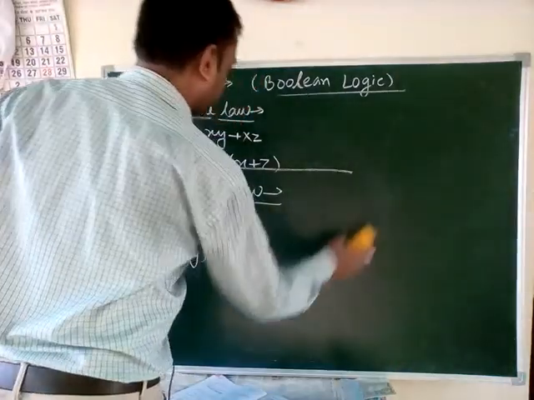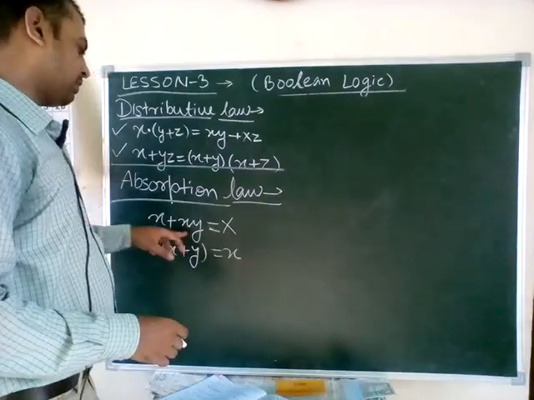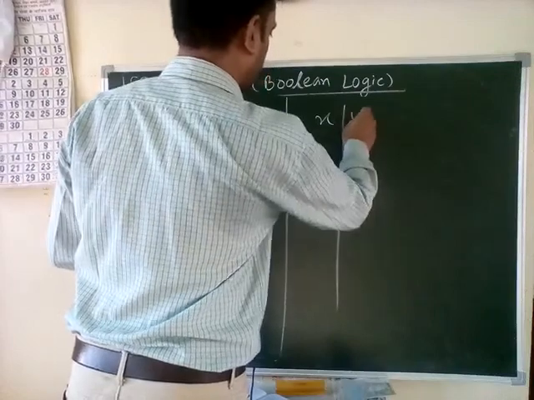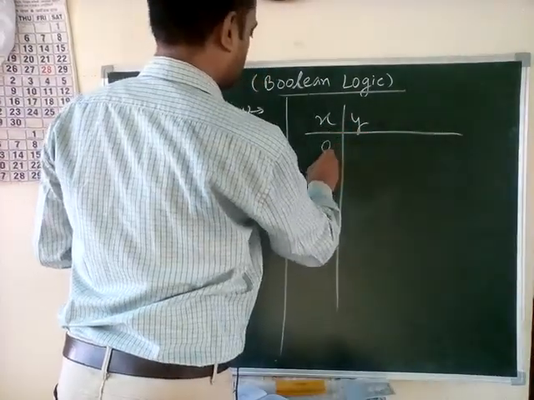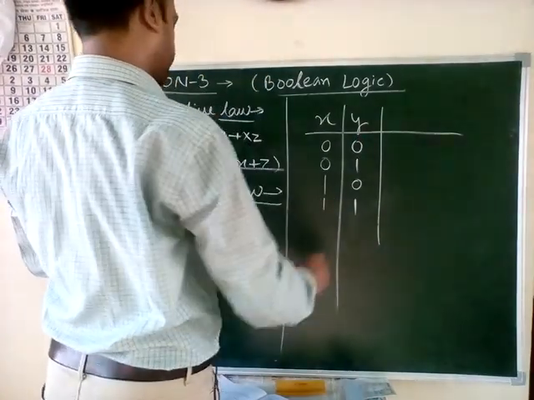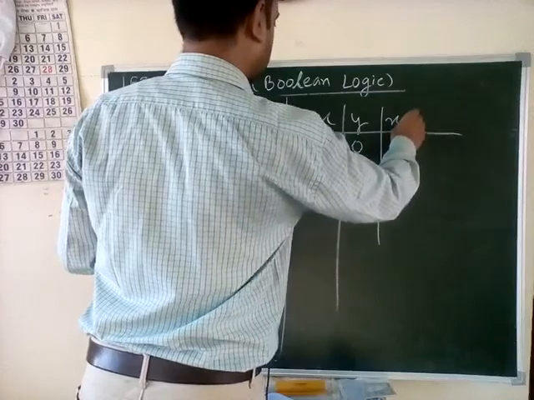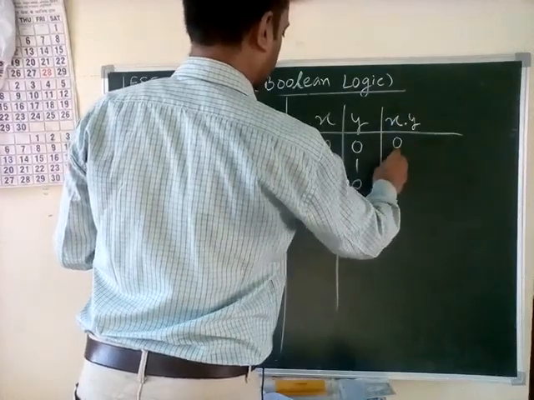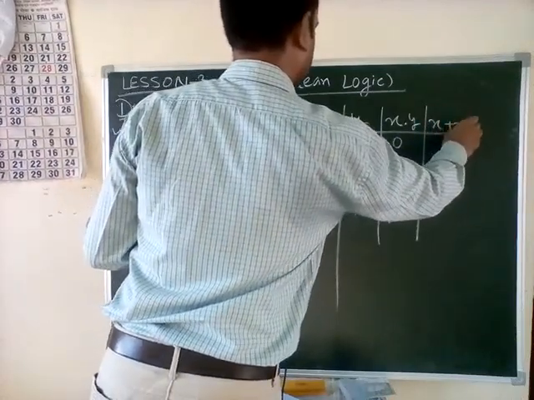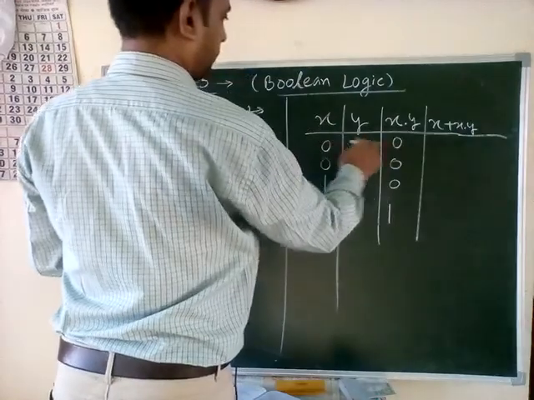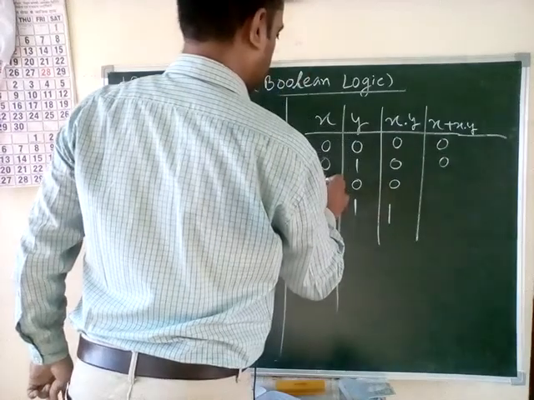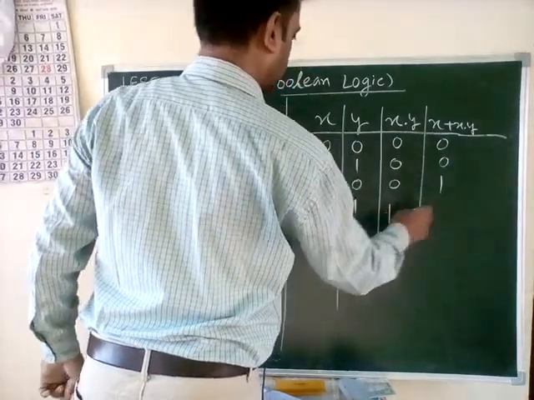In this, one part I am showing you, and you can count the number of variables, x and y. Only two variables are there. So x is 0 0 1 1, y is 0 1 0 1. Now you can see x into y: 0 0 0 1, and then x plus xy. So you have to add this and this. So this is 0, this is 0, this is 1, and this is 1.